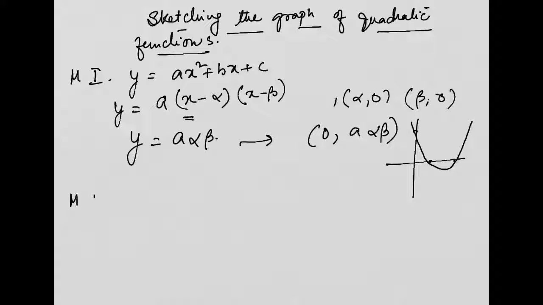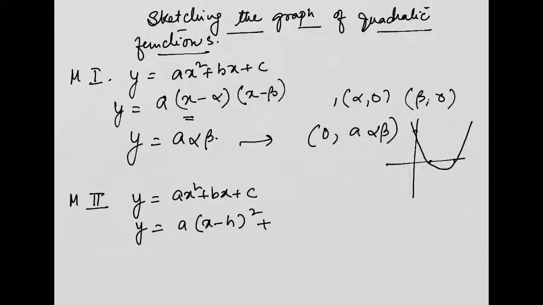Or method 2, the turning point form, where the expression ax square plus bx plus c can be expressed as y equals a into x minus h whole square plus k, where the turning point would be h, k.